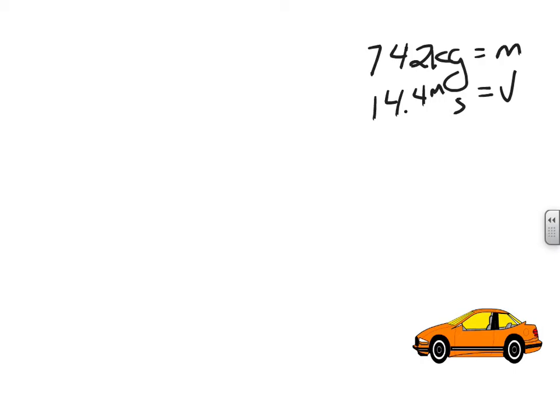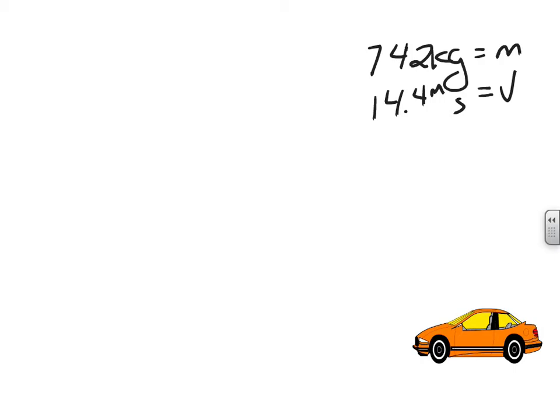If we switch to our next problem, we have Mark has a 742 kilogram car going 14.4 meters per second down the street when it runs out of gas. 742 kilograms, obviously that's our mass. He's going 14.4 meters per second. That's obviously a velocity.